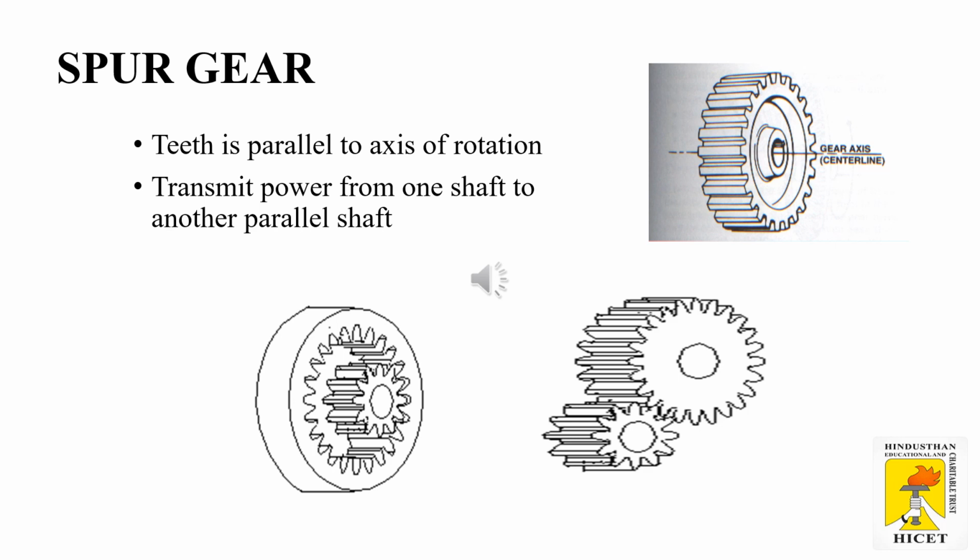When they are in mating, the gears rotate in opposite directions and with different speeds depending on the number of teeth on the surface.